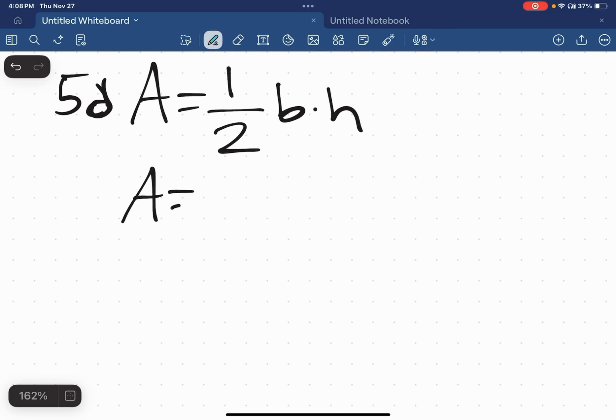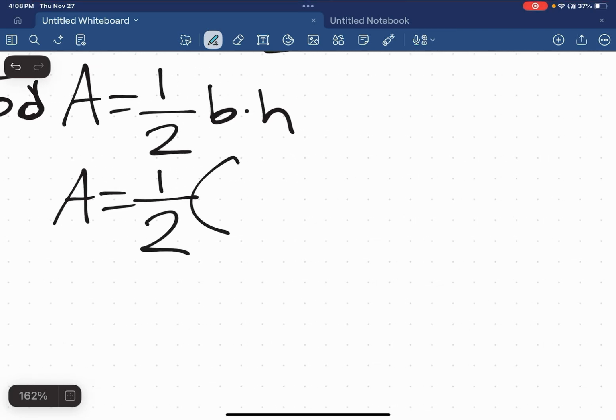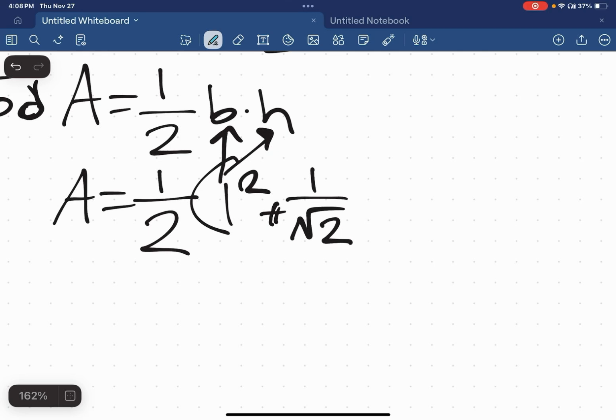So our area is going to be equal to 1/2. And then here we set up this huge equation. First, we have 1 squared, because that's our base and our height. Since these are all isosceles right triangles, we can just square our base, and that also gives us our height. The triangle following that has a side length of 1 divided by the square root of 2. Remember, that's all squared.